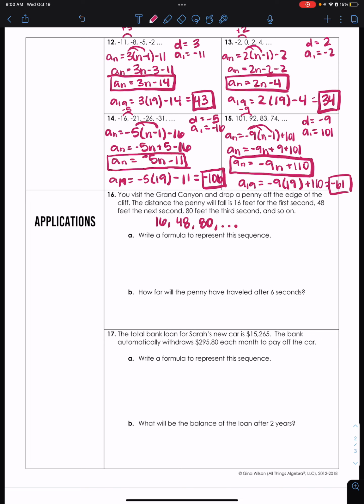So to write a formula, we follow the same steps. So we find D and A sub 1. So first term is 16. We're adding 32 each time, so D is 32. So A sub n equals 32 times n minus 1 plus 16. Simplify.